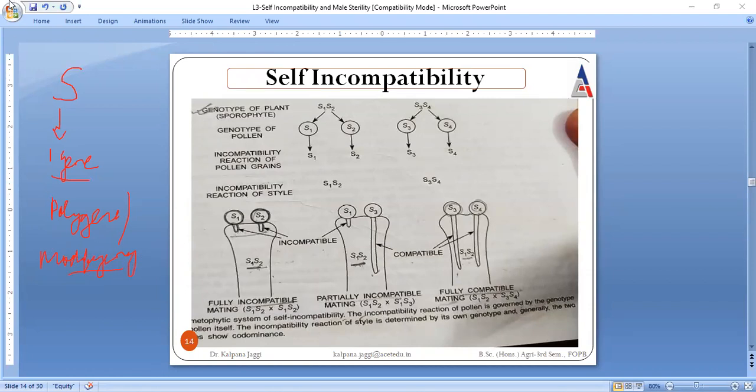This modifying gene is responsible in the way that it will increase or decrease the activities of the S allele, both in the gametophytic as well as in the sporophytic system.